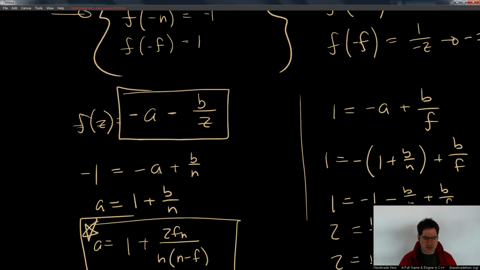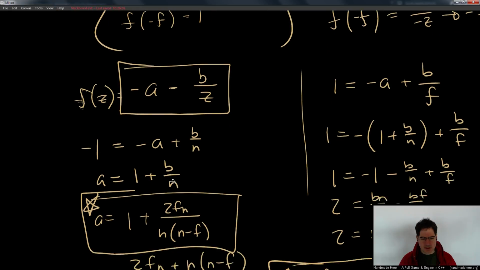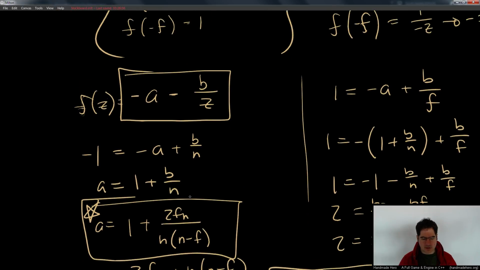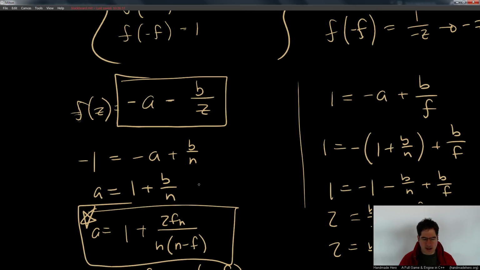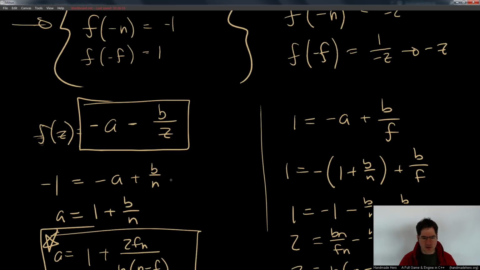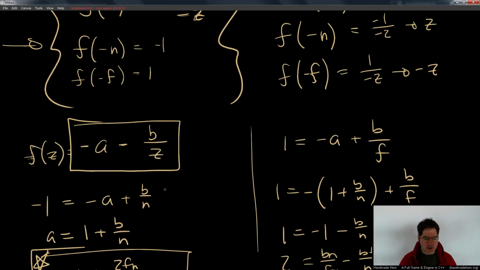We essentially move -a to this side, which becomes a, and -1 to the other side, which becomes 1. And we have a equals 1 plus b over n. And that is the term that we use to substitute back into the existing equation. Again, did not see a bug there. Doesn't mean there isn't one. I just didn't see it.